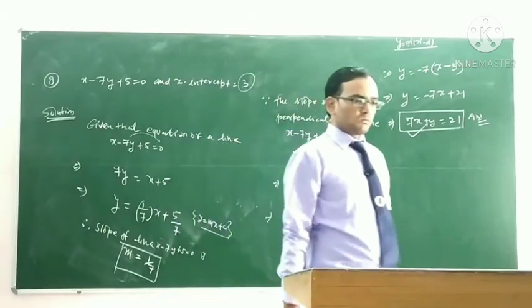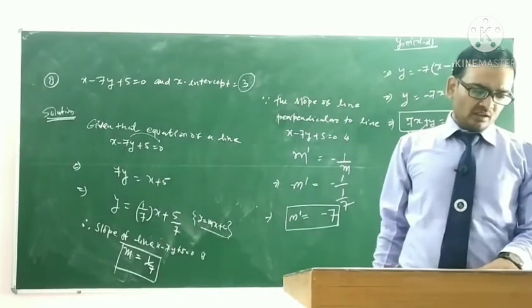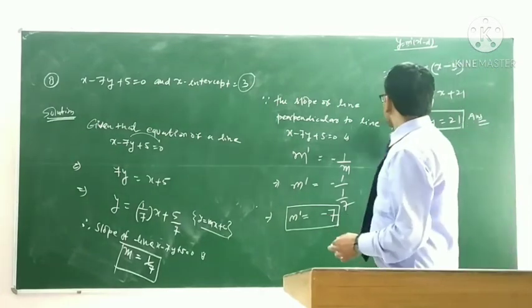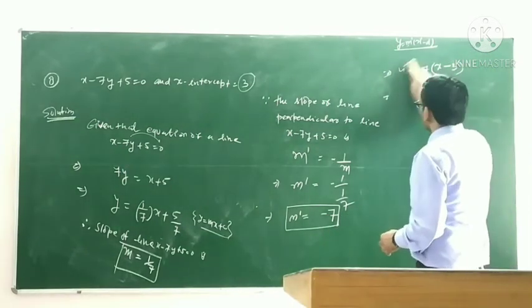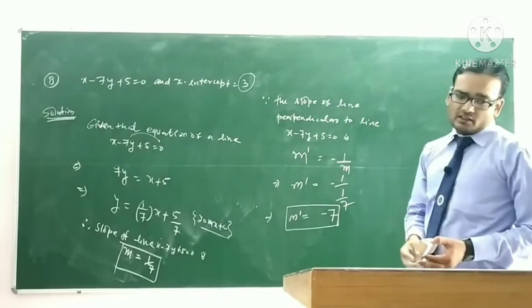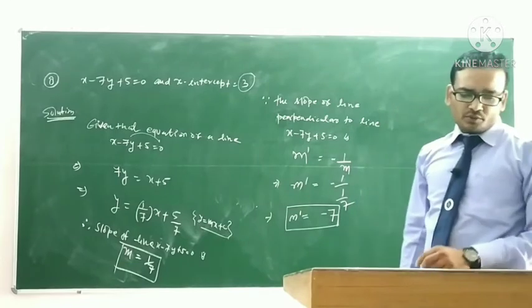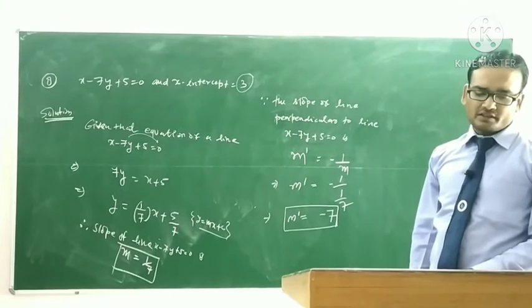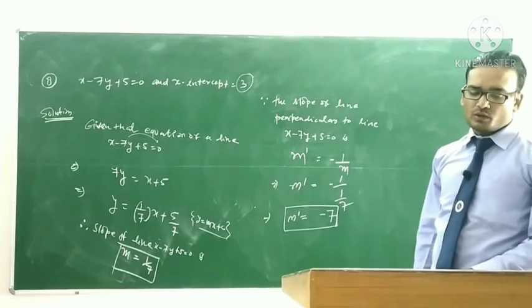Okay students, let us move to question number 9. Find the angle between the given two lines. Find the angle between the lines x to 1 and x plus square root 3 y is equal to 1.